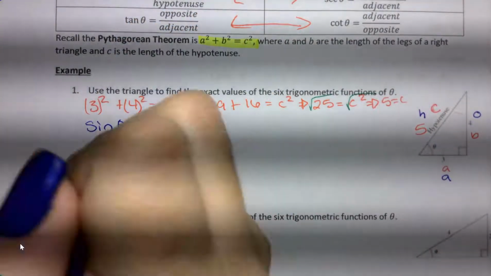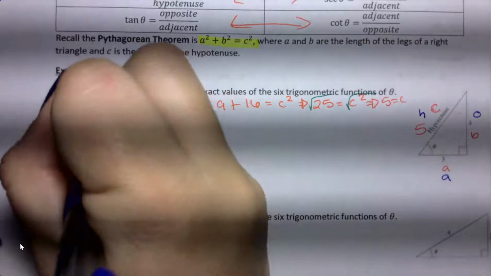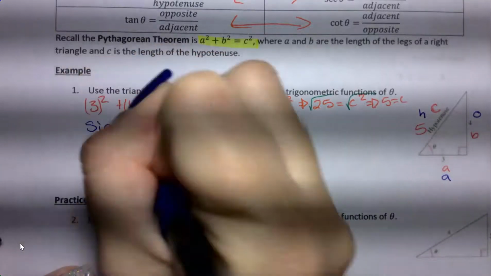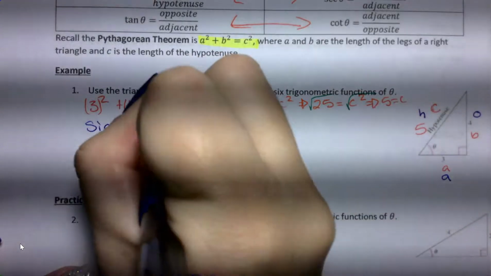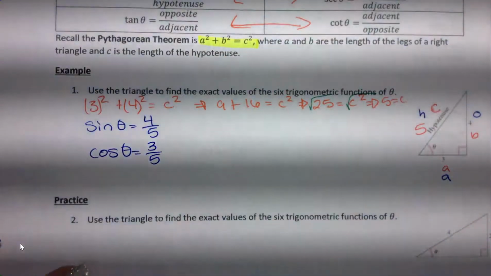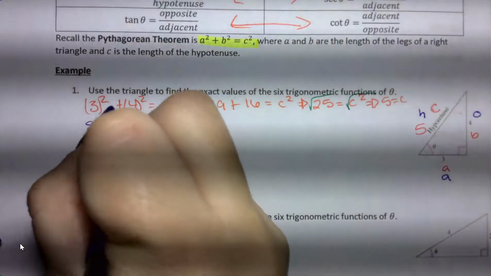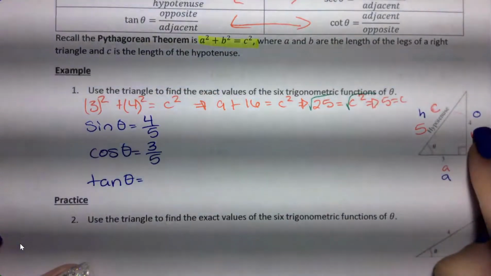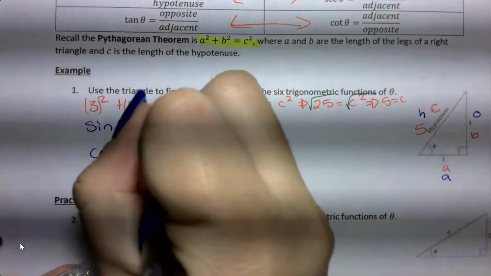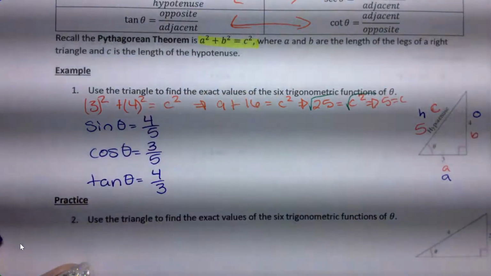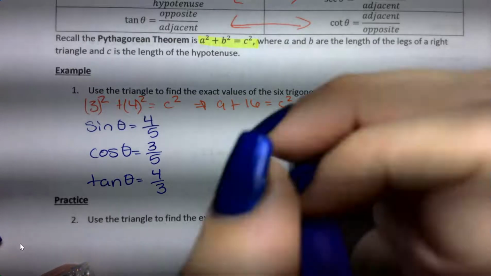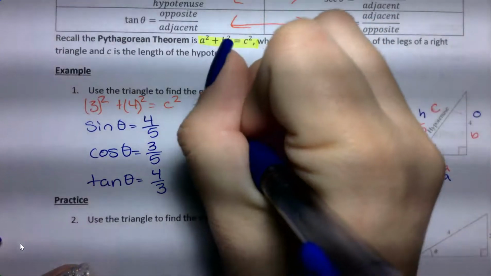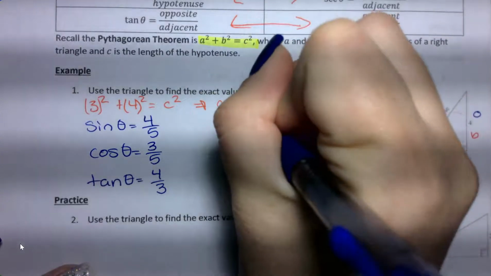Then I'm going to go ahead and find cosine, which is adjacent over hypotenuse, so 3 over 5. My tangent is opposite over adjacent, so my opposite side length is 4, my adjacent is 3. Then for the other 3 trig functions, which are commonly called reciprocal functions, I am going to take them and find the reciprocal of the 3 functions I just found.